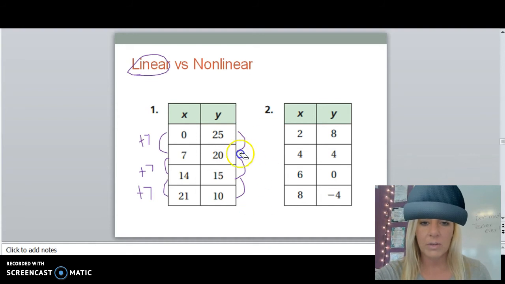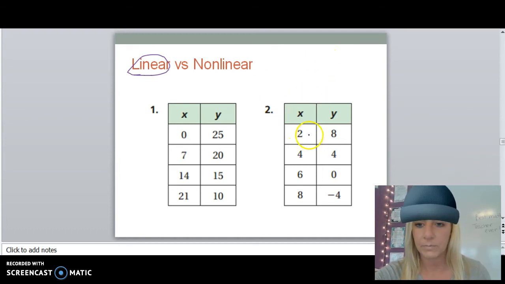Now let's look at our other table. 2 plus 2 is 4. 4 plus 2 is 6. 6 plus 2 is 8. So our x values are constant.